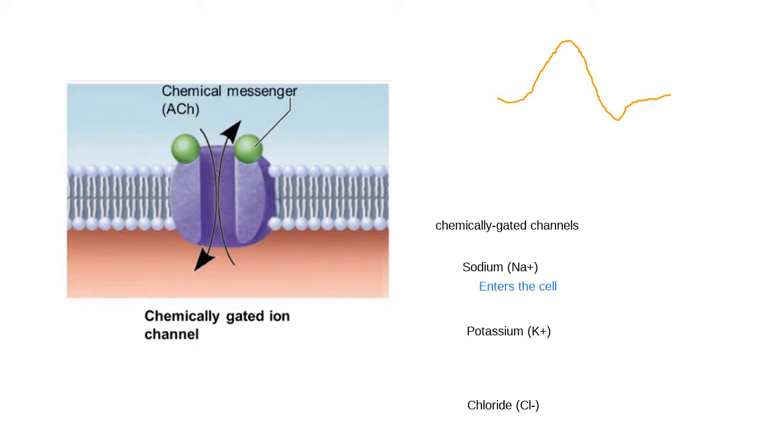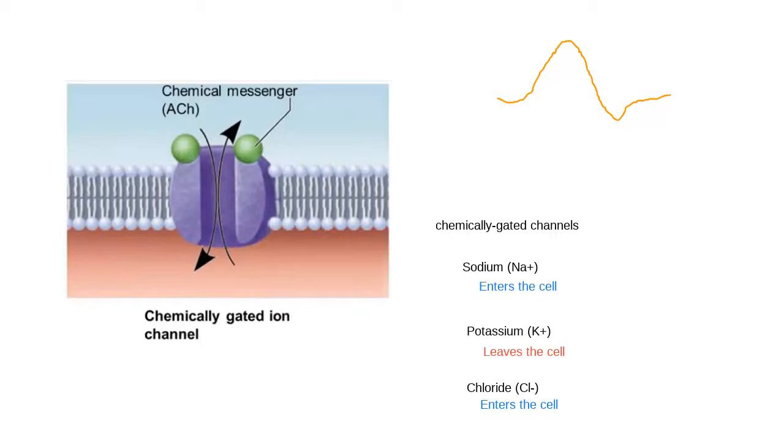Which other thing enters the cell? Potassium or chloride? Who else comes into the cell? Yeah, chloride also enters the cell. Okay, 2 things that enter the cell. So potassium, there's a ton of that on the inside already. So potassium leaves the cell.